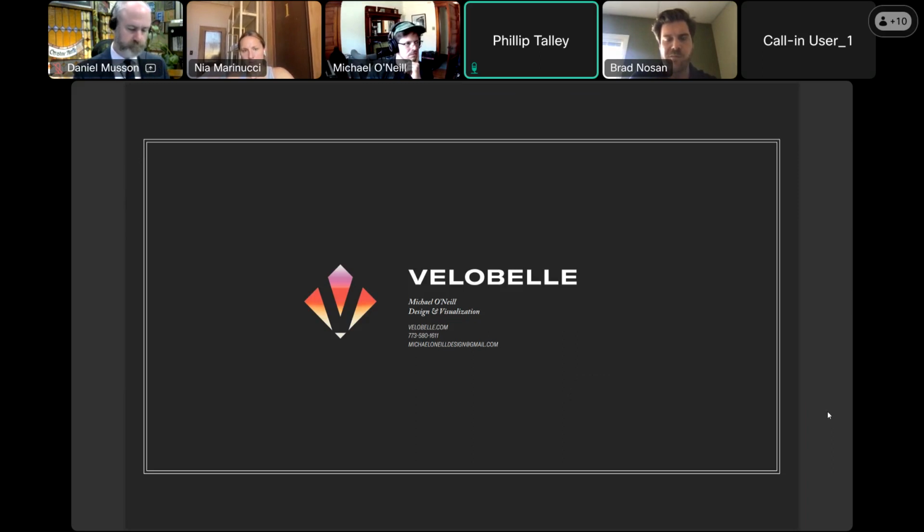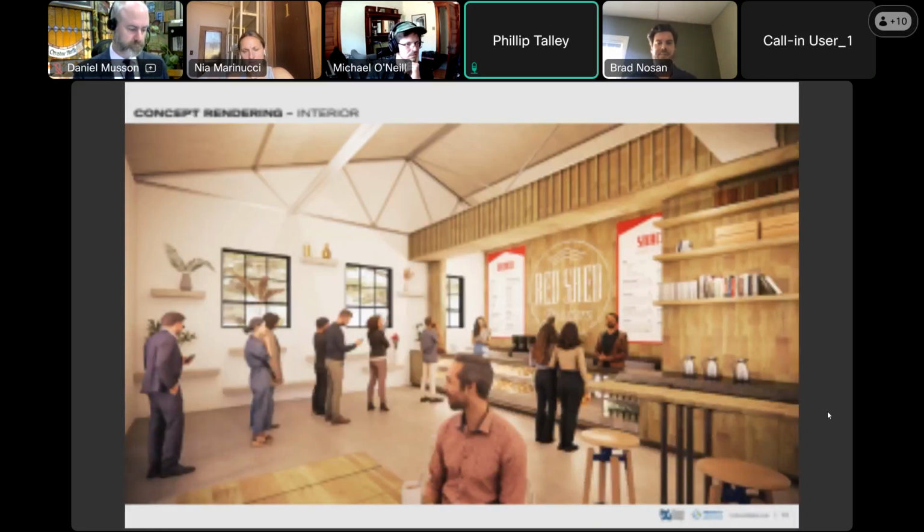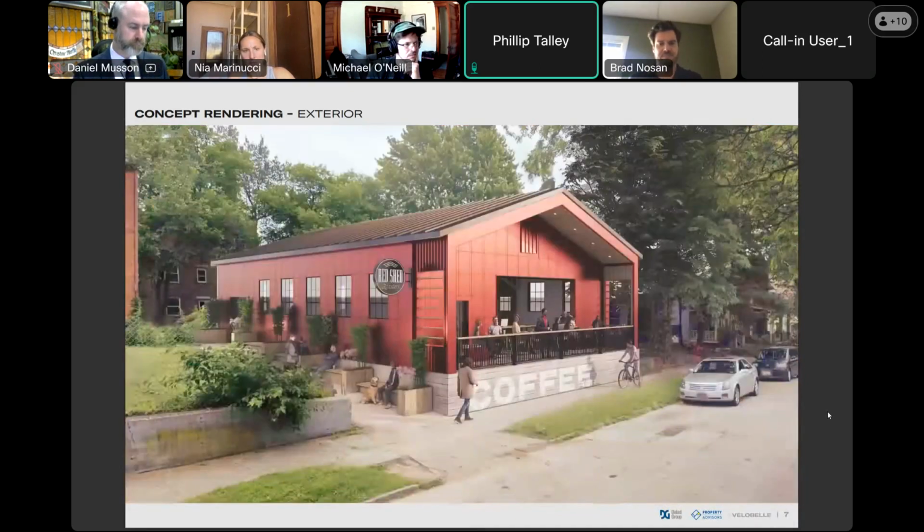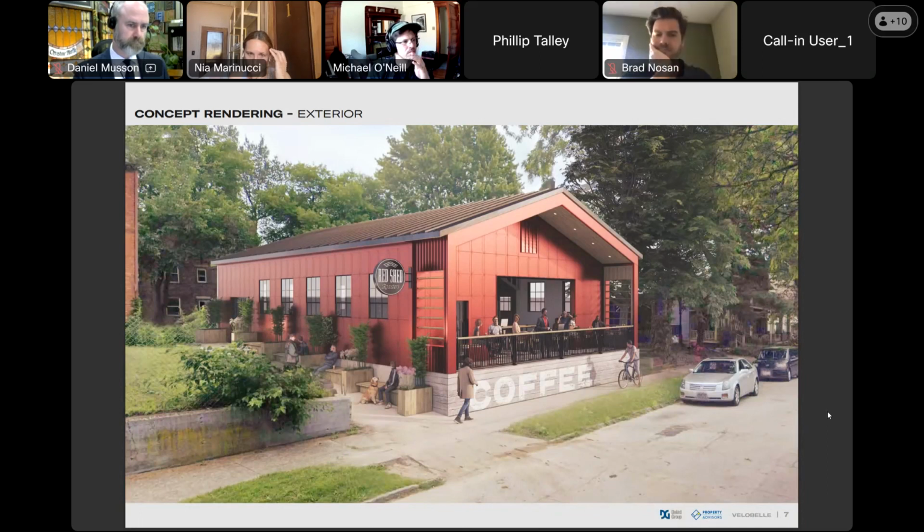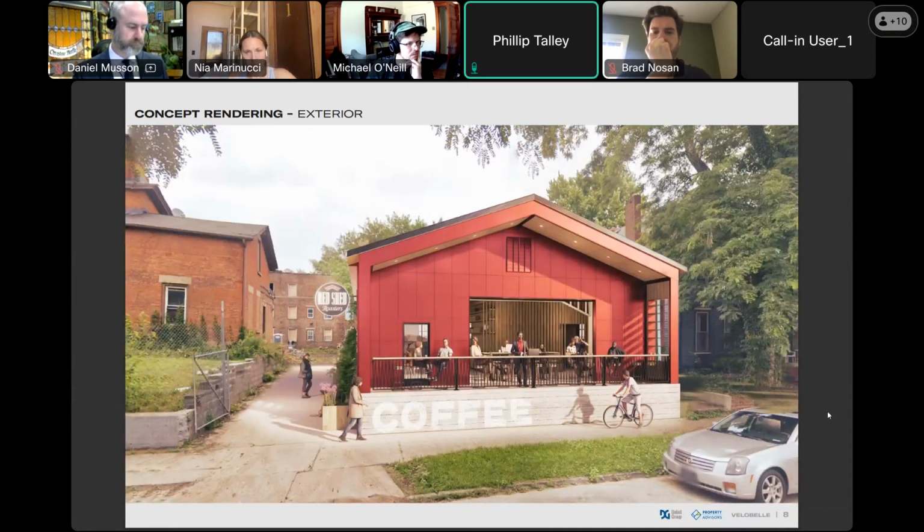Could you go back a couple slides to one of the front renderings? I do wonder about the opening on the right end of that porch. Looking at where the building sits, at least in Google Maps, I wonder if that still wants to be open. In this rendering it looks one way, but in Google Maps it's visible from the windows of the house next door, maybe overlooking them or looking right into them.